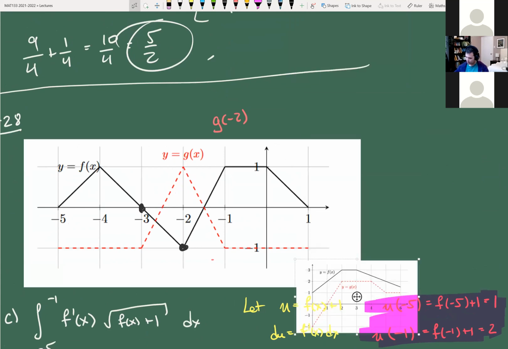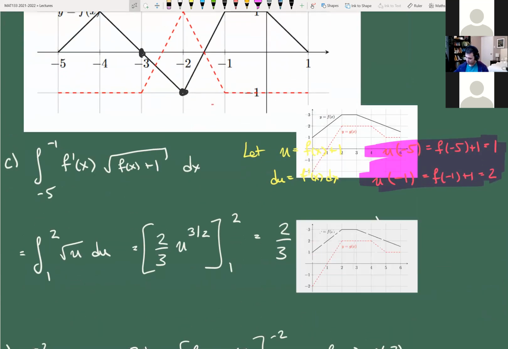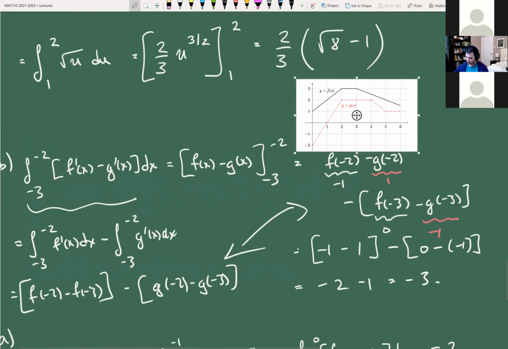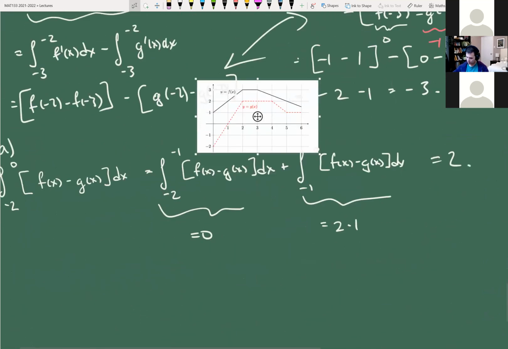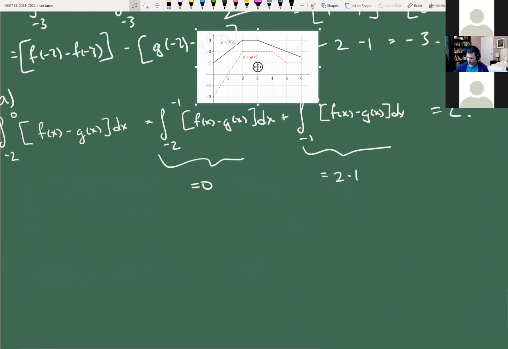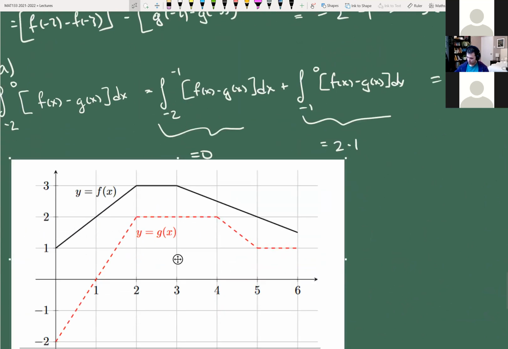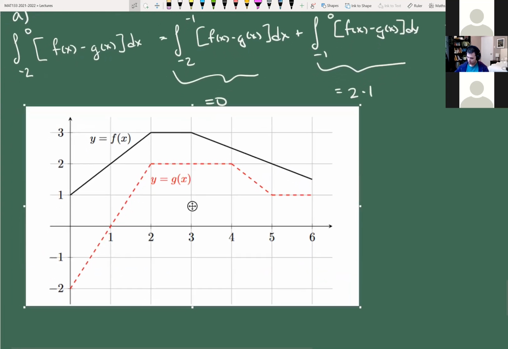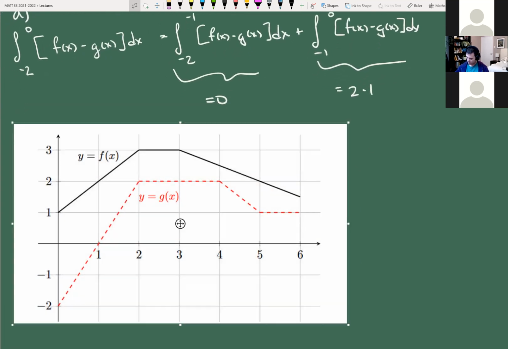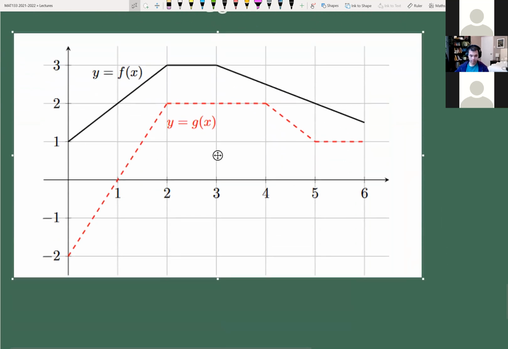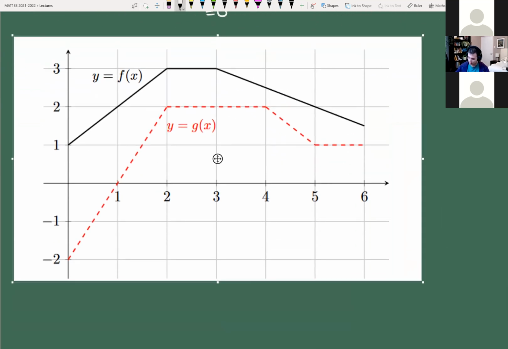Now I'm going to move this down because this is the graph for 29. I was asked for that one as well. All right, so this is the graph for 829.